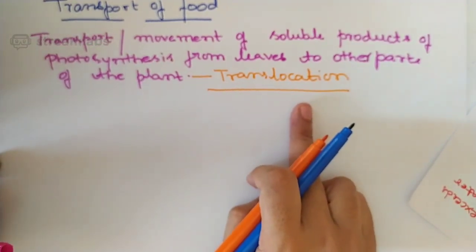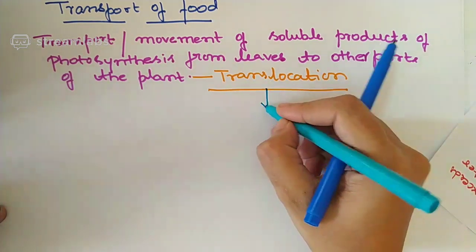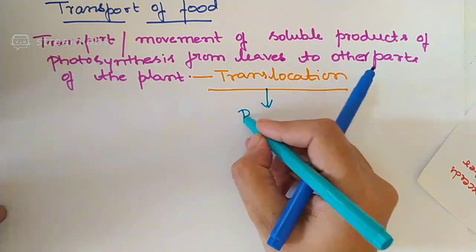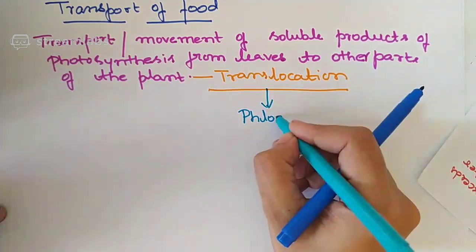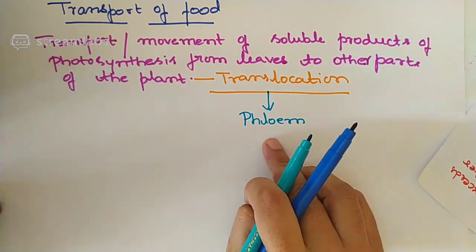Now this translocation occurs through phloem. So which tissue is responsible for translocation? It is phloem.